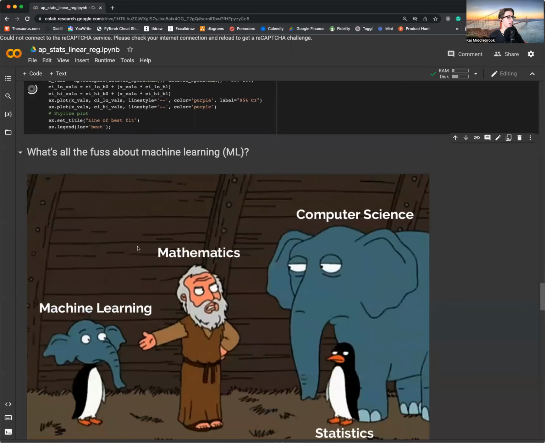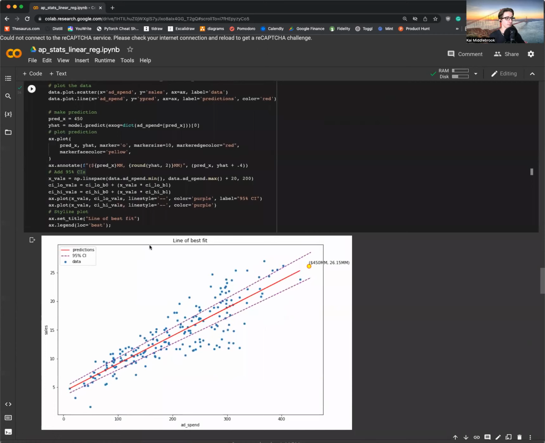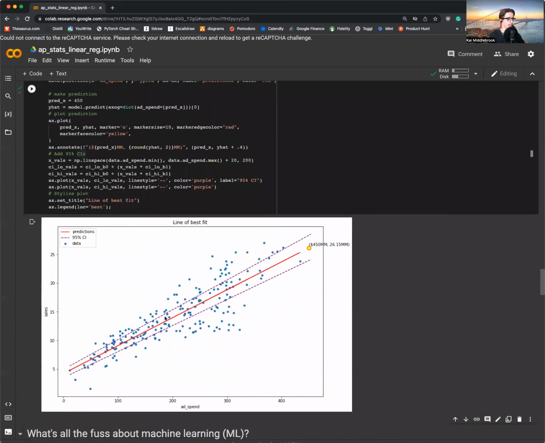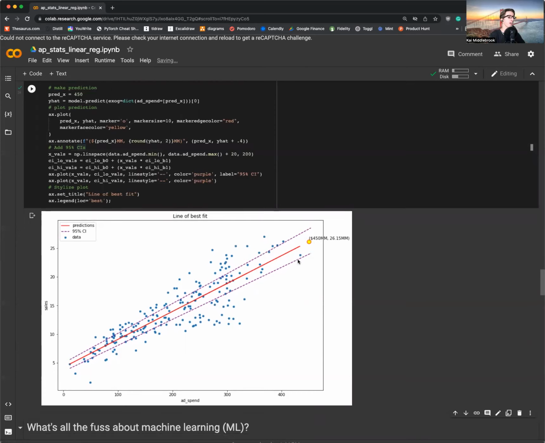Cool, and let's take a look. And boom, that's what we get. So taking a look, as we expected, right? As X is smaller, the confidence interval seems a little bit tighter and more concentrated around the line of best fit. And then as X gets larger, the confidence interval begins to spread more.